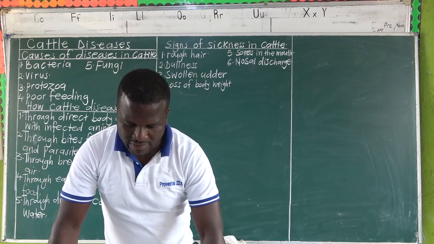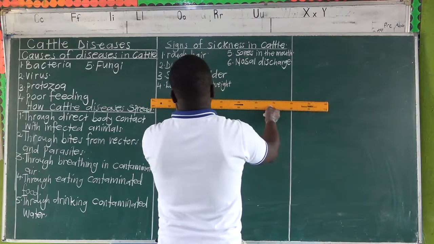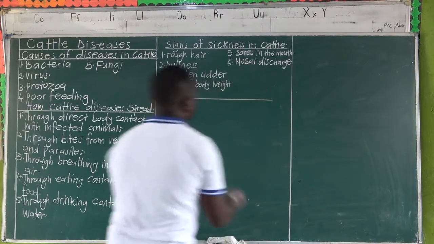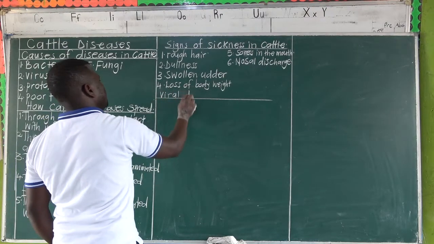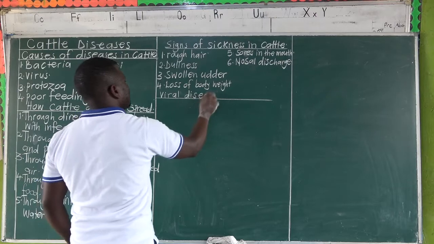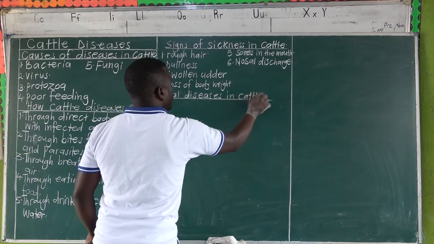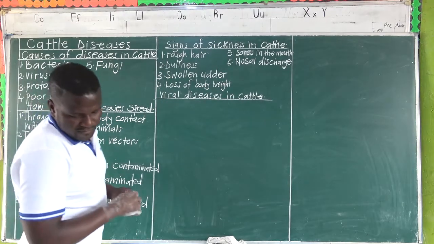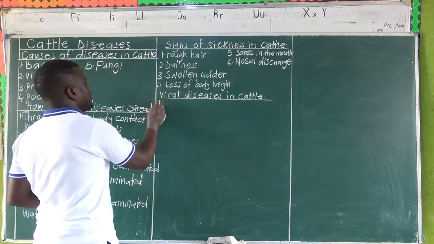So we look at the viral diseases in cattle, or cattle diseases caused by a virus. We have rinderpest and foot and mouth disease.